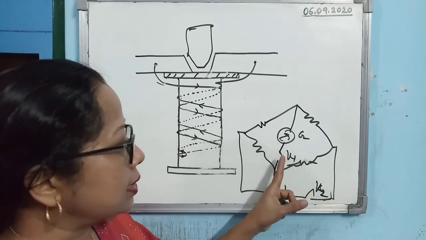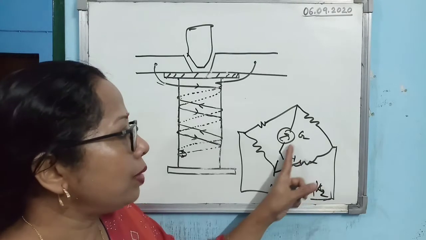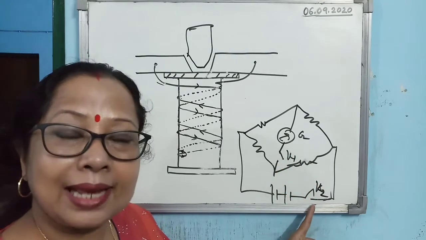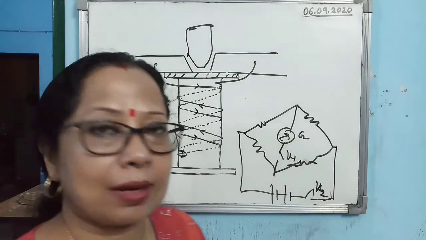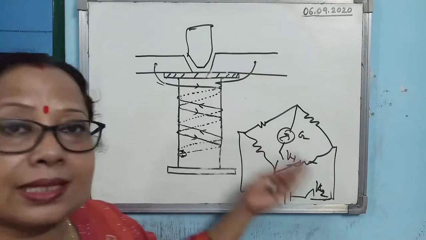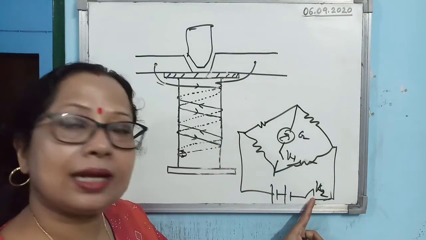But if K1 is pressed first, then K2, the galvanometer is already in the circuit and the current will start growing through it. So induction will take place. And when we release the keys, we release K1 first and then K2.